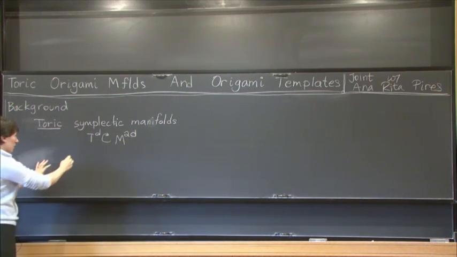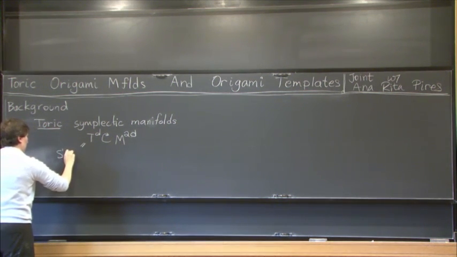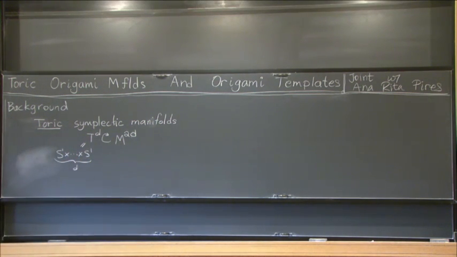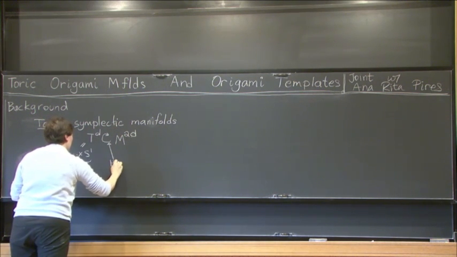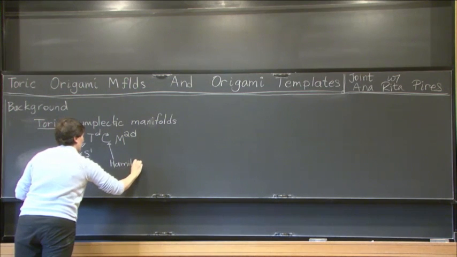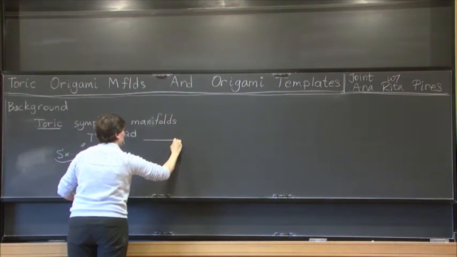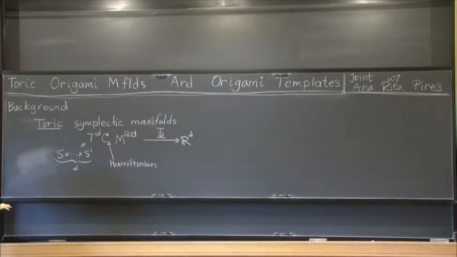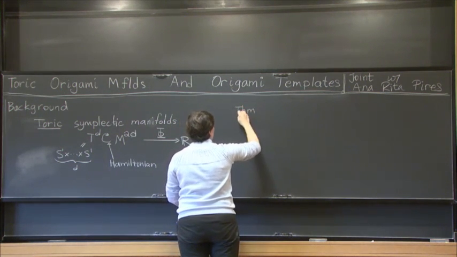We're in the symplectic framework, so the action should preserve the symplectic geometry. It should be what's called a Hamiltonian action, and that means that we have a map to R^D. One of the first theorems, and there are a couple of theorems.